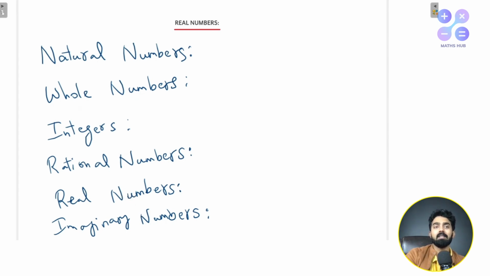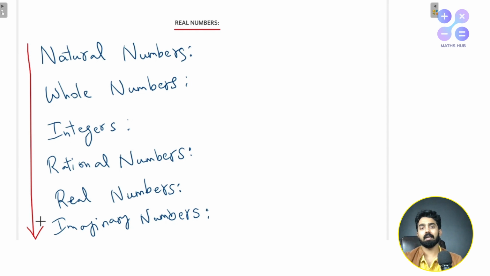So the idea here is, as you go down these buckets, the bucket gets bigger and bigger. The natural number bucket is the smallest bucket. And this bucket is slightly bigger than this, right? Just one number is extra. So what are natural numbers? You start with 1.